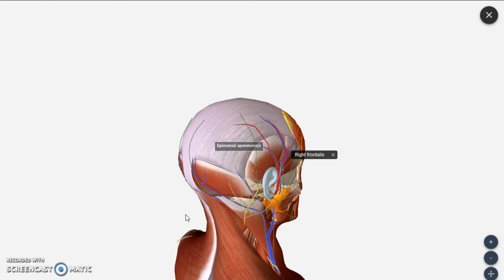Now we will move on to the fourth layer. In the fourth layer, once you remove this epicranial aponeurosis and the bellies, you can make out some area, and that area is called loose aponeurotic tissue. That also is not visible here.